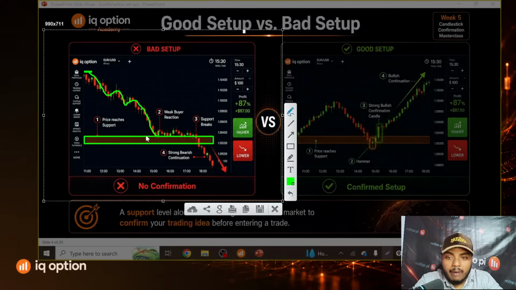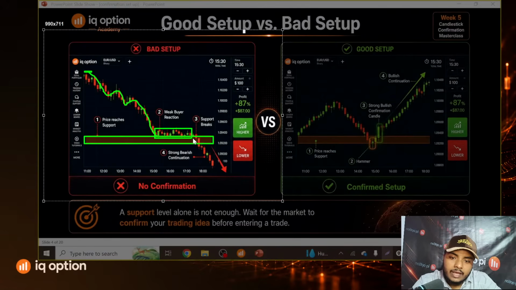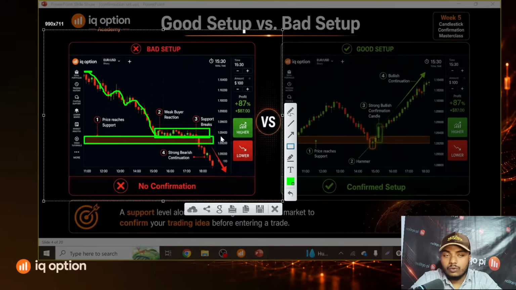But what we see here, after the sellers exactly close at this support area, the whole market enters an indecision zone. We don't get any good confirmation here, we don't get any sellers' weakness or buyers' weakness. This is a full confusion area.